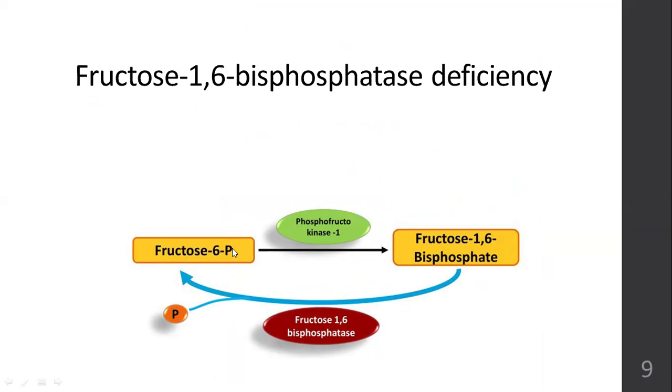A long chain of carbons along with hydrogen. So on the sixth carbon, you have the phosphate ion, just like in the previous slide where on the first carbon there is a phosphate ion. Now fructose 6-phosphate has reached the liver.